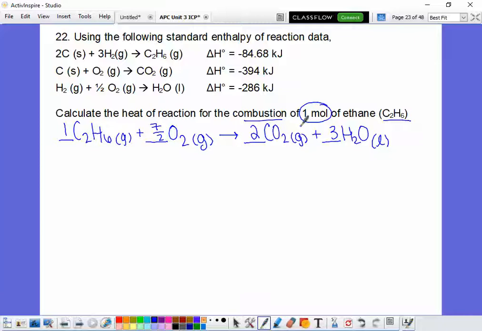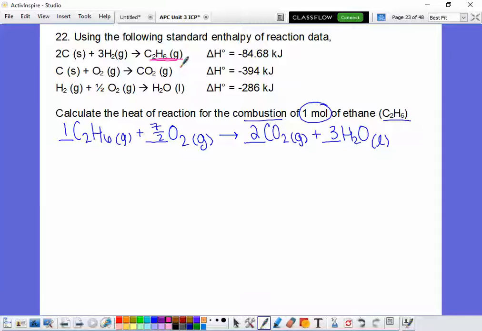So now we're ready to start manipulating the equations. Let's start off with the first thing in our equation, the C2H6. Is it found in only one reaction that we're going to be manipulating? Yep. It's found in the first one, right here. So is that on the correct side? Nope. Does it have the correct coefficient?